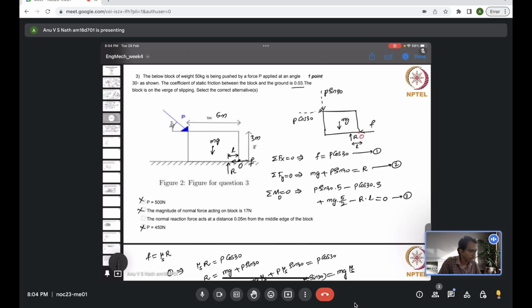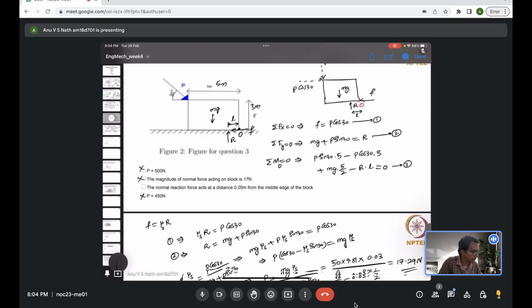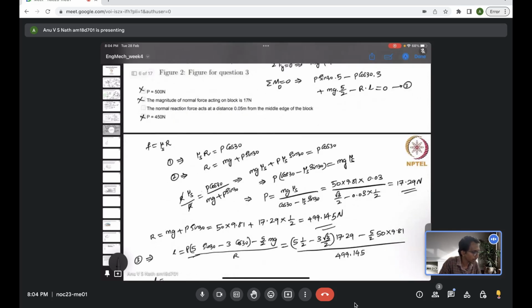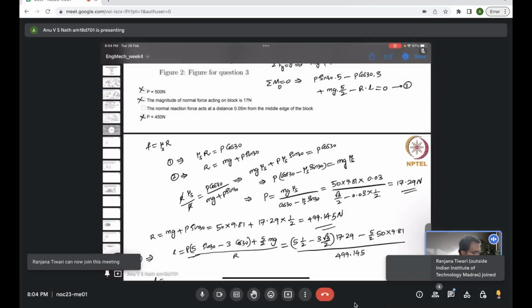Mg is acting at distance 5 by 2, so mg into 5 by 2 is also counterclockwise. So I think that is correct when I rewrote it. So R times L is P times 5 sin 30 minus 3 cos 30. Yeah, so there was a mistake. It's a plus 5 by 2 mg. So this should be plus here.